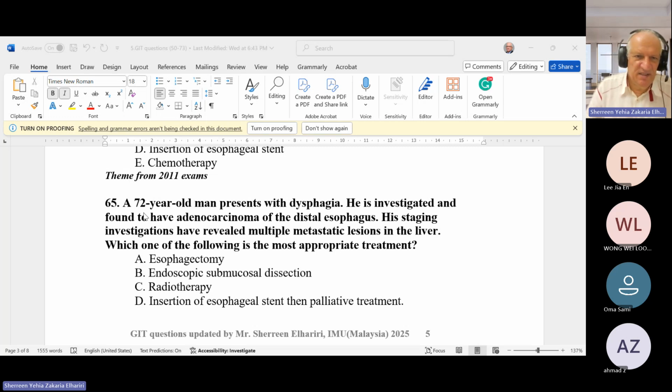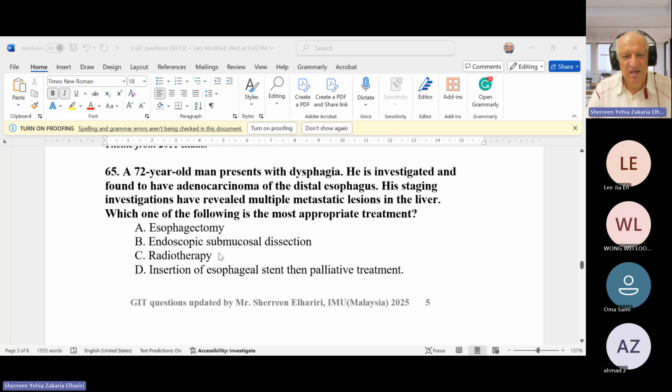This patient has an advanced case of cancer esophagus with liver mets, so here we are looking for something palliative. It is not wise to do esophagectomy in this patient, who is terminal. The palliative treatment is insertion of an esophageal stent, or chemotherapy.